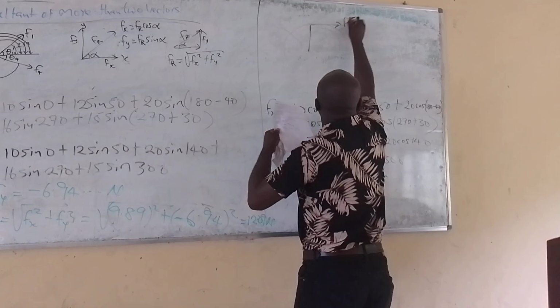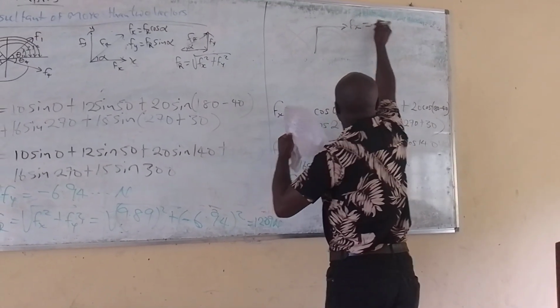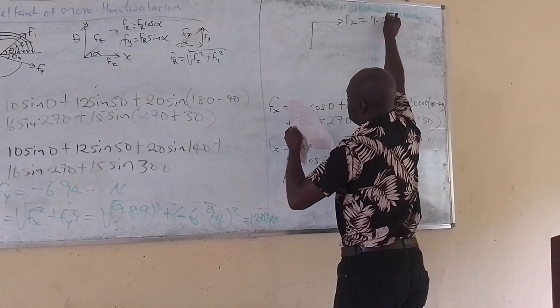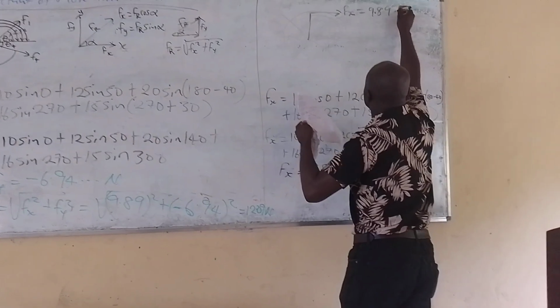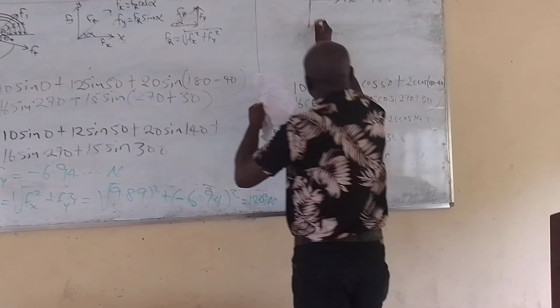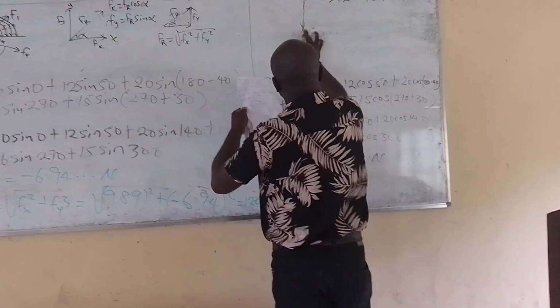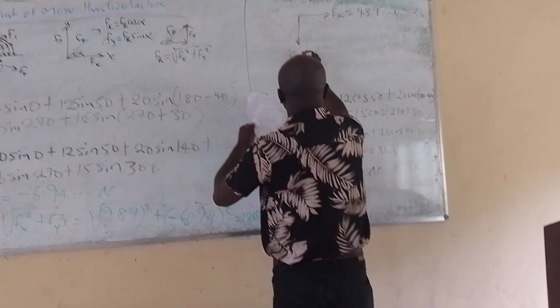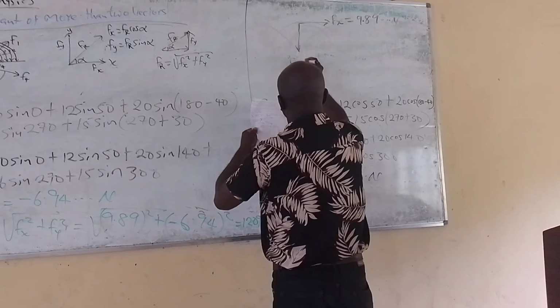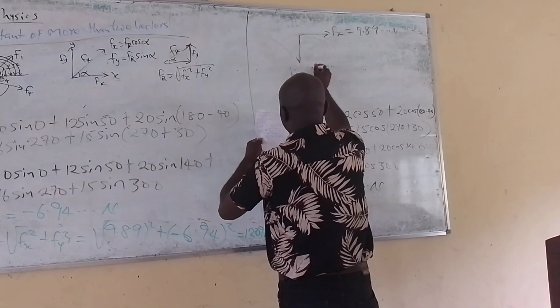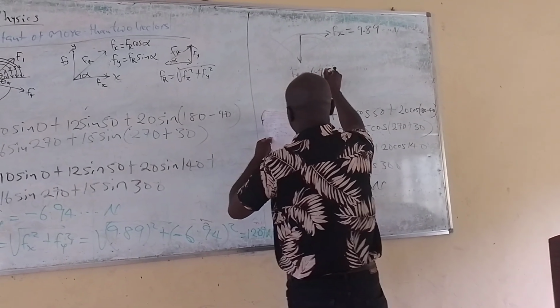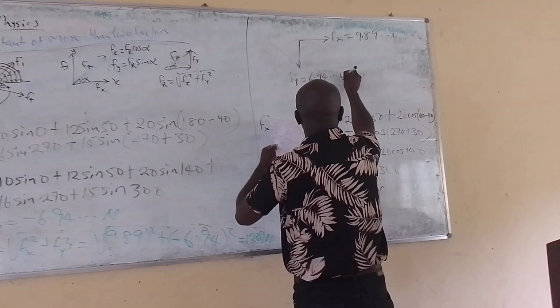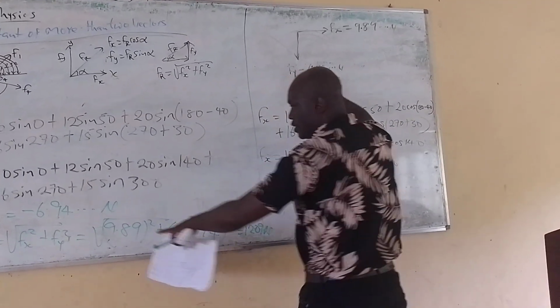This is our f of s, which is equal to 9.89 something something Newton, like I told you. Then this direction, which is our f of y, is going to give me 6.94 maybe something Newton.